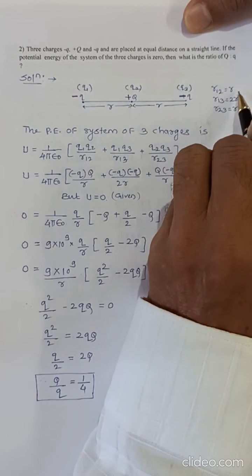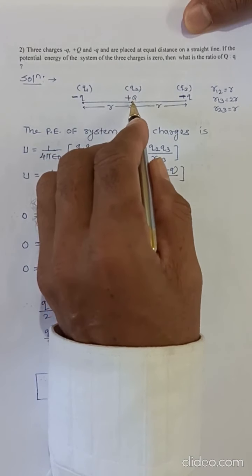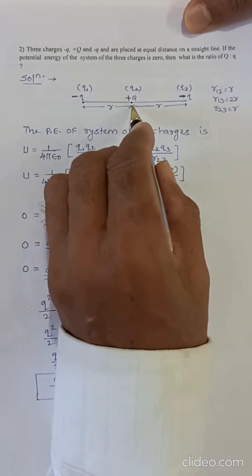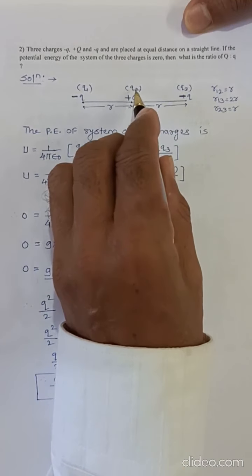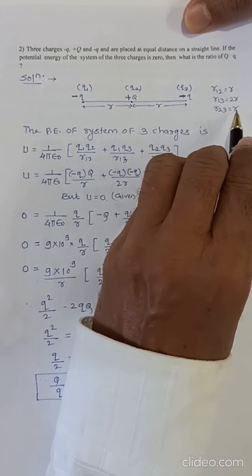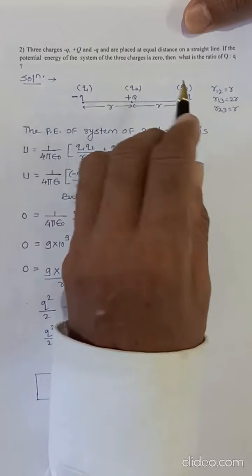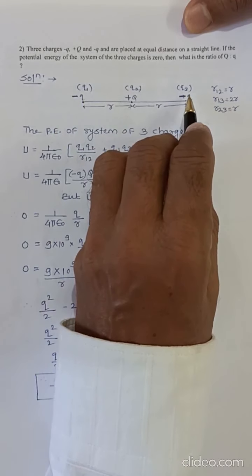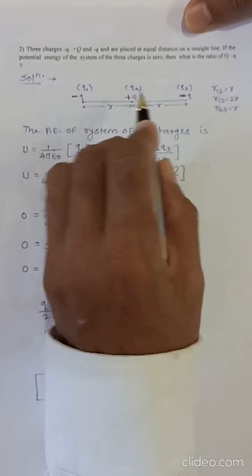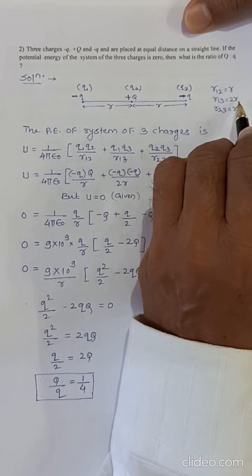Similarly, the distance between charge Q2 and Q3 is again R, so R23 is equal to R. Here is charge Q1 and here is Q3. So the distance between charge Q1 and Q3 is 2R. So R13 is equal to twice R.